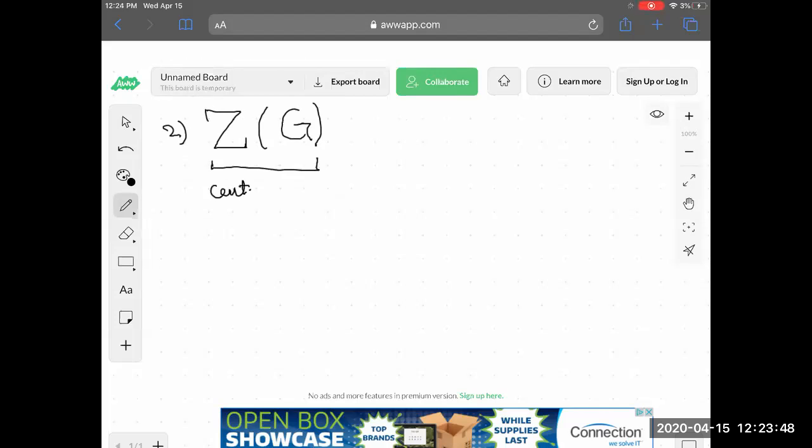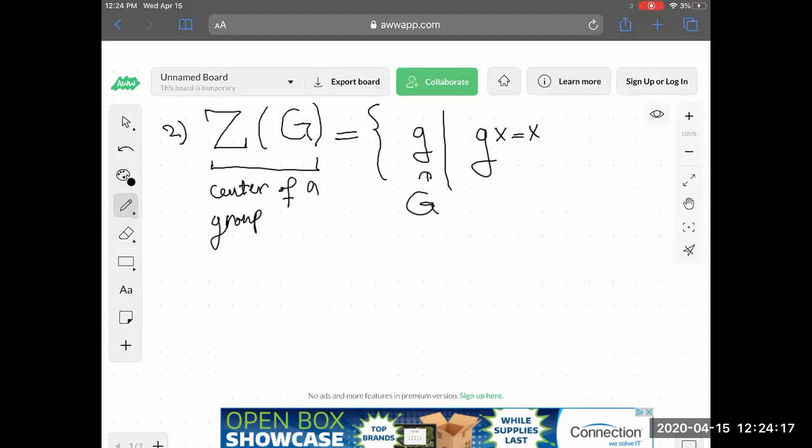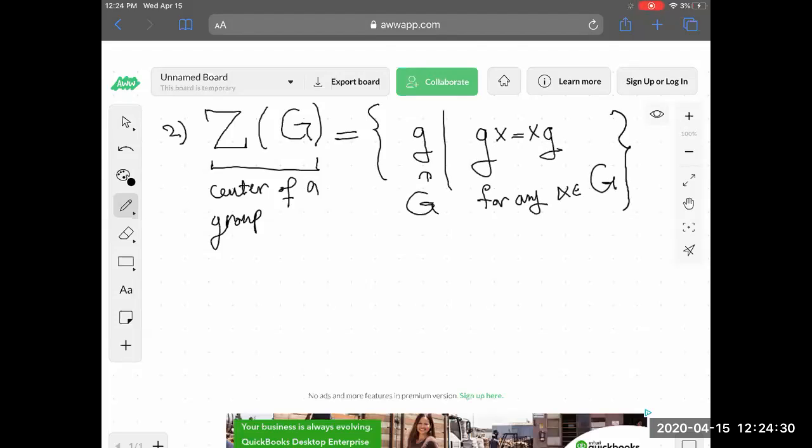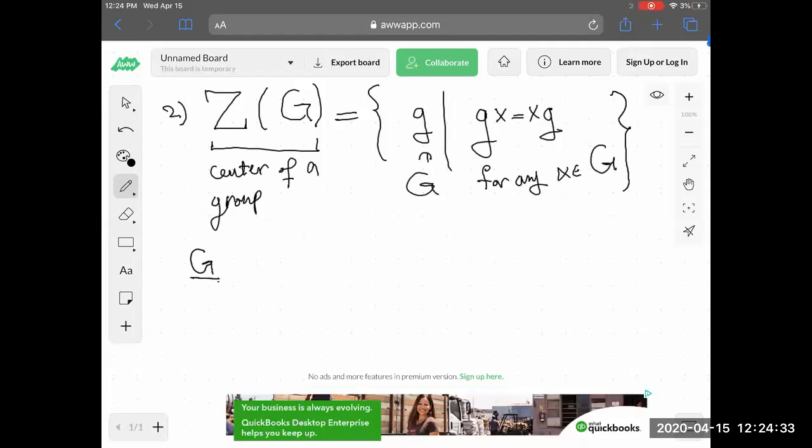Does anyone know what the center of a group is? Okay, the center of a group G is the set of elements in G where these elements commute with everything: gx equals xg for any x in G. In general, when we have a group G, it's not abelian.